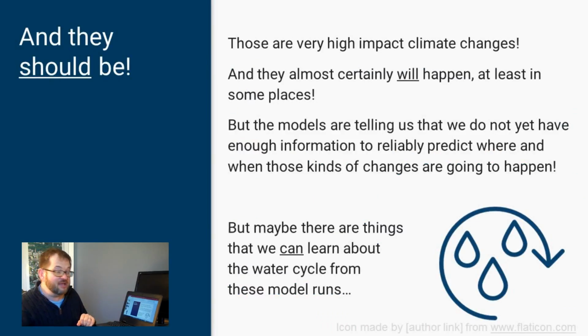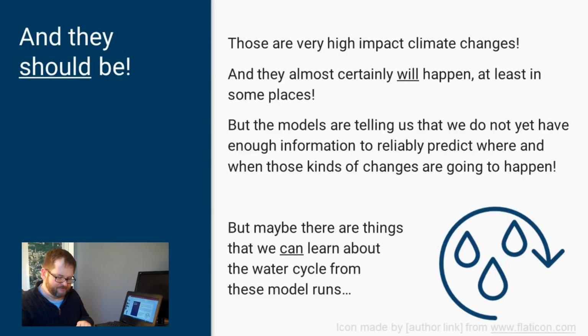Those are high-impact climate events, and they certainly will happen. Well, not necessarily everywhere, but at least at some places, there are going to be places that have more precipitation and places that have less precipitation. But what the models are telling us is that we do not yet have enough information to reliably predict where and when those kinds of changes are going to happen.